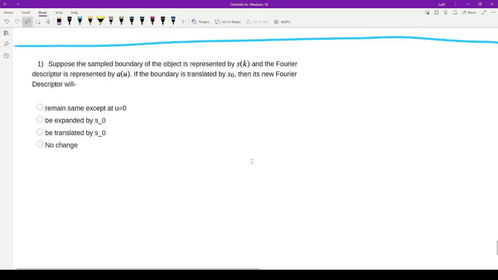We have a theoretical question, but I'll show you why this really works. Suppose that a sample boundary of an object is represented by s(k). We were discussing Fourier descriptors, the Fourier description of the boundary.